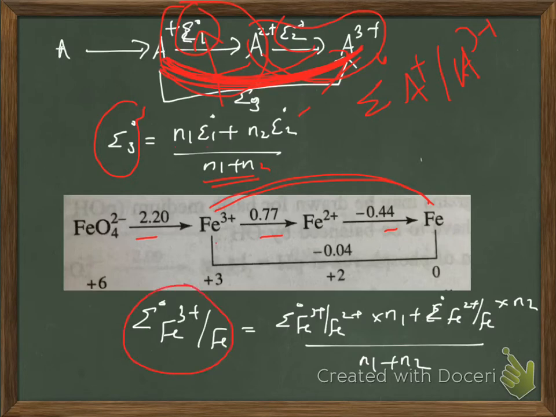It is a two-step process. First E0 Fe3 plus bar Fe2 plus, that is 0.77, into change in number of electrons. For that reaction, 3 plus to 2 plus, is 1 electron change. Then Fe2 plus bar Fe, this E0 into change in number of electrons 2, 2 plus to 0. Then total change in number of electrons, 1 electron here and 2 electrons here, total is 3.